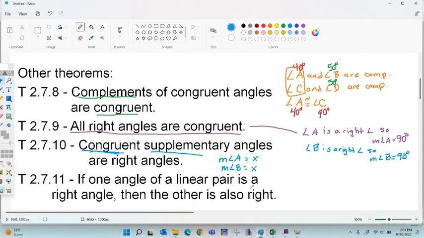So B is also X. Supplementary means that when you add them, A plus B, you get 180 degrees. So if I have two of the same thing that add up to be 180 degrees, each one of them has to be 90, which is a right angle.